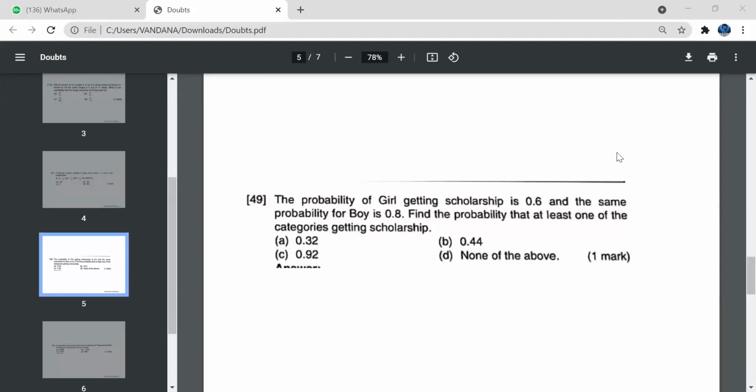Probability of girl getting scholarship is 0.6 and the same probability for boy is 0.8. Find the probability that at least one of the categories getting scholarship. At least one of them means either a girl should get or boy should get. So girl getting scholarship is 0.6, boy getting scholarship is 0.8. We want at least one of them should get a scholarship.